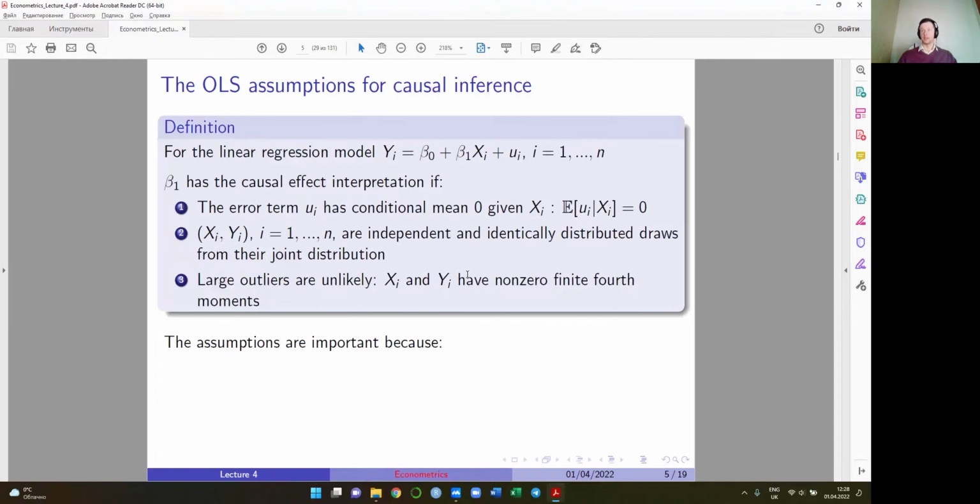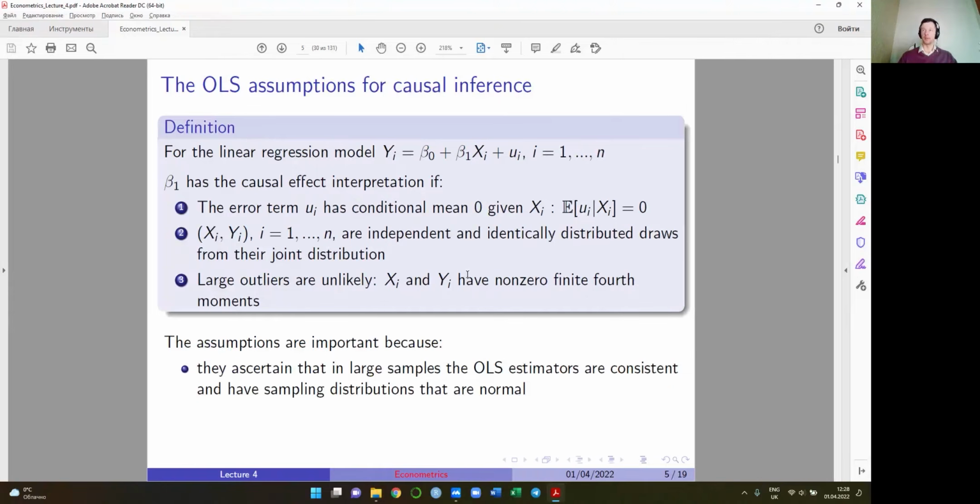So first of all, why these assumptions are important and why we should care about them and why we are spending our time on this. First of all, with the help of these assumptions, we ensure that in large samples, OLS estimators are consistent. So it means that they point to the unknown population parameters, and their sampling distribution is normal. And this helps us to do what?